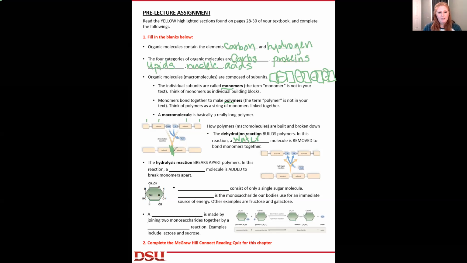When we do that, this goes back to being two separate monomers, okay? So water, if you notice, is the underlying theme here, and it's in both of these reactions. The dehydration reaction to build the polymer, the hydrolysis reaction to break the polymer, okay? All right.